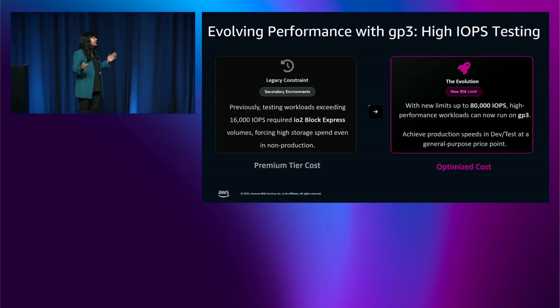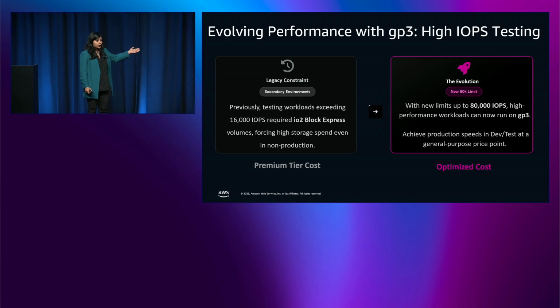I'll share one scenario. Previously, when we did not offer higher limits of gp3, our customers were stuck with io2 when they needed higher IOPS, 16,000 for example.